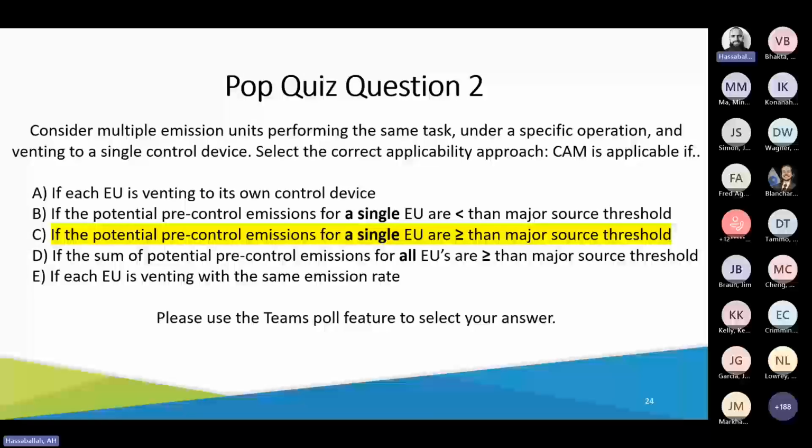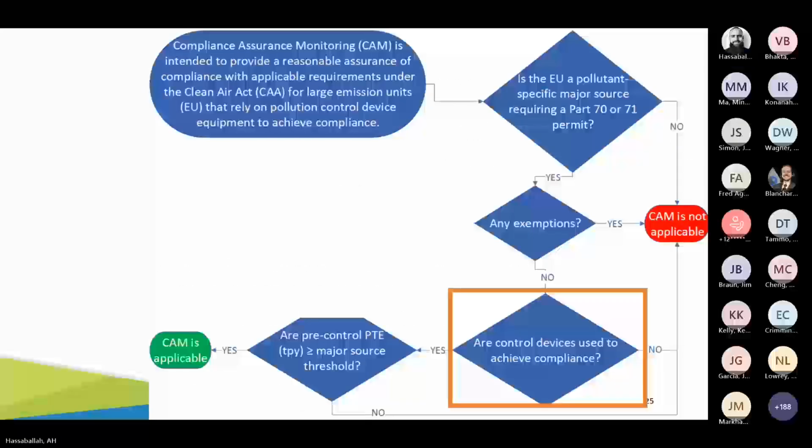Okay, moving along into our flowchart adventure. Now that we have a pollutant-specific emission unit, we are required to have a permit, and there aren't any exemptions that would nullify CAM applicability.